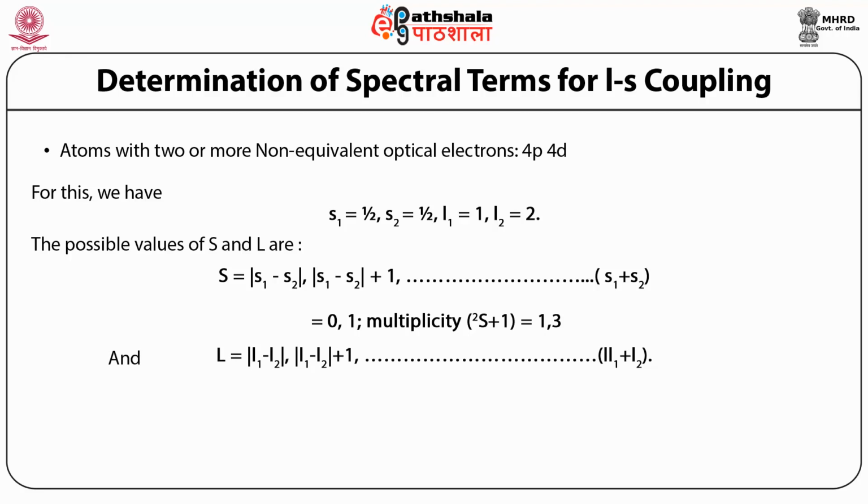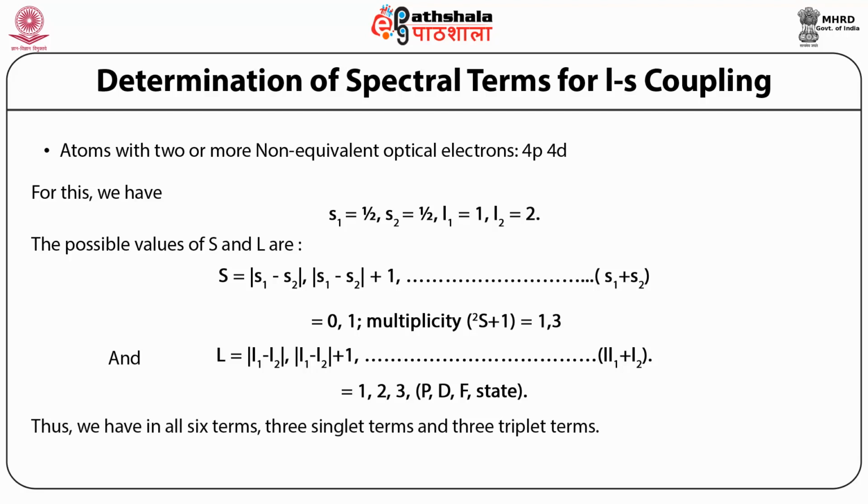And L is equal to L1 minus L2, L1 minus L2 plus 1, up to L1 plus L2, which is equal to 1, 2, 3 and gives the P, D, F states. Thus, we have in all 6 terms, 3 singlet terms and 3 triplet terms. These terms can be written as 1P, 1D, 1F, 3P, 3D, 3F.